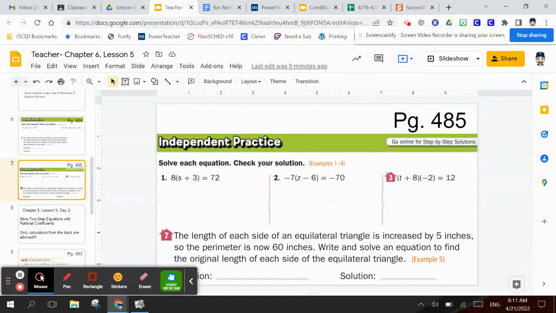So to solve number 7, we have to write, we know it's an equilateral triangle, so we have 3 sides. We have x, we have x, and we have x. And if each side is increased by 5 inches, plus 5, plus 5, plus 5, and the whole thing, the perimeter, equals 60 inches.